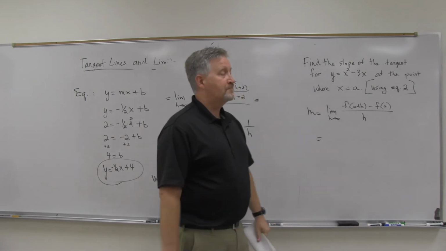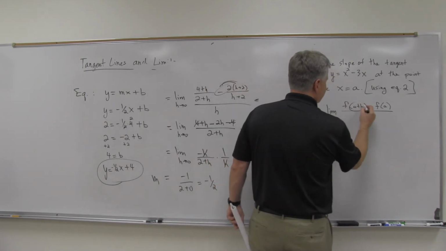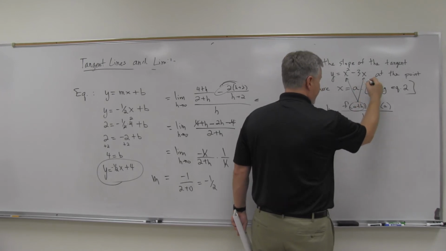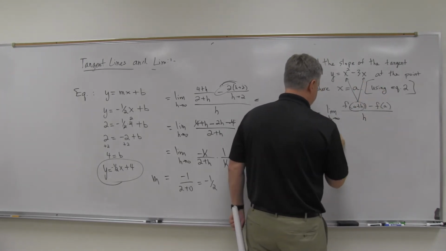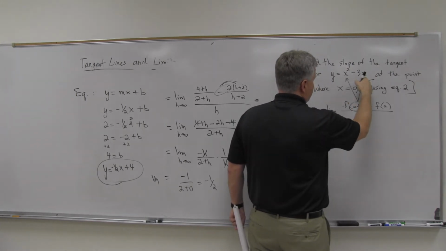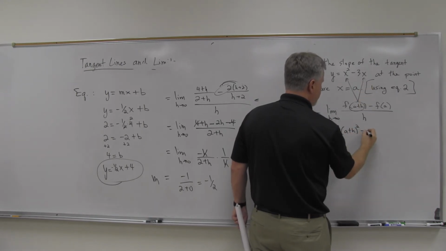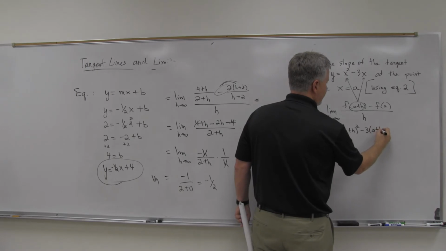So what that means is I'm going to plug in a plus h for the x in the function. That's our input value. So f of a plus h is going to be a plus h squared minus 3 times a plus h.